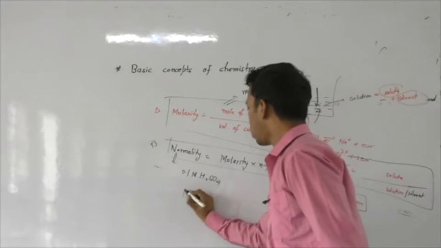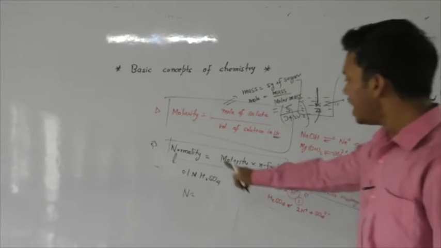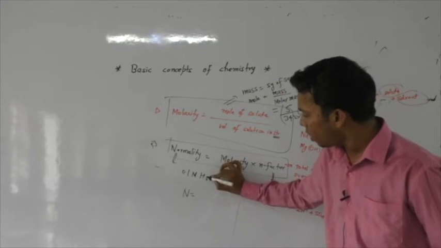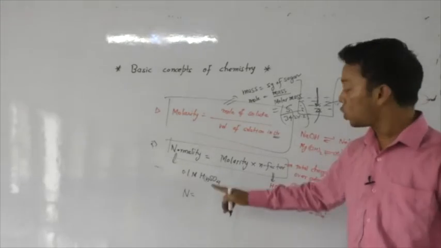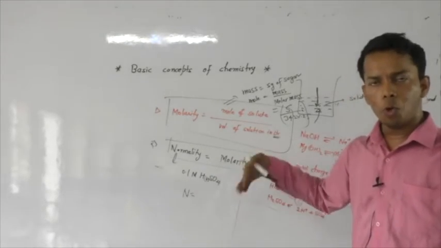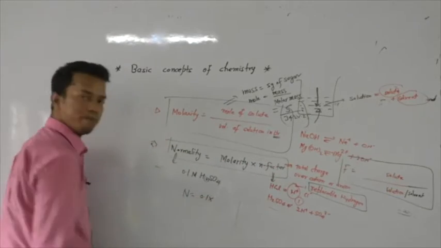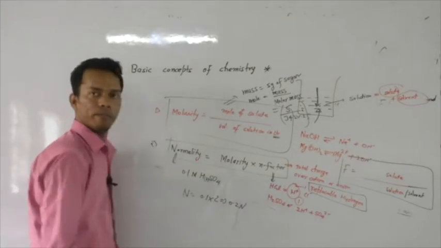What will be normality? So normality is molarity into n factor. What is n factor? It is 2. Why 2? Because 2H plus you will get, SO4 2 minus you will get. So molarity into n factor, so 0.1 into 2. So it is 0.2 normal solution. Okay.